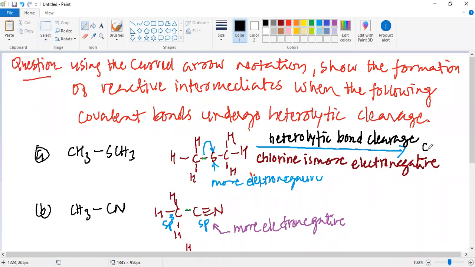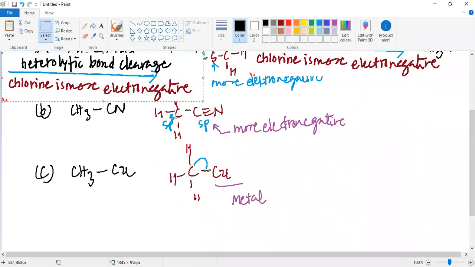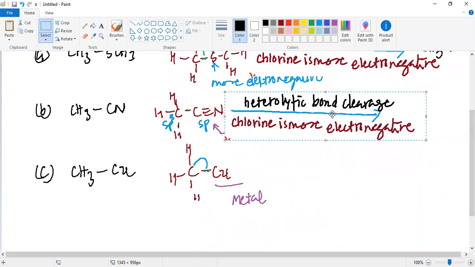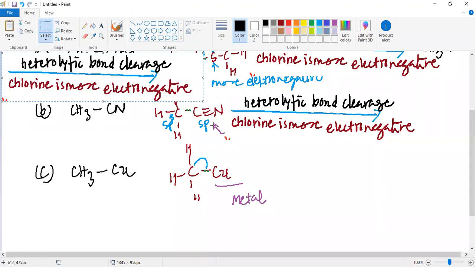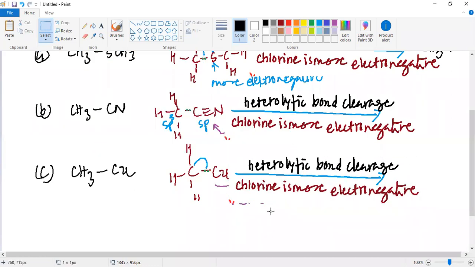We are going to get CH3 plus and HCN minus. Then when we look into this question, we will realize that we are going to get CH3 plus again here. So we will get CH3 plus and CN minus.